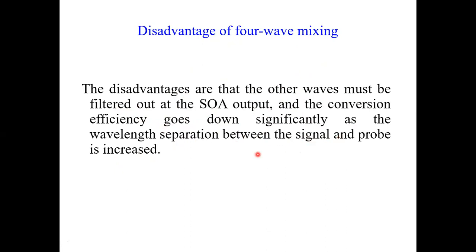Usually all these conversions will be centered around 1310 or 1550 nanometer. But if the separation between fs and fp is quite wide, then the efficiency will go down. So these are the two disadvantages of four-wave mixing.